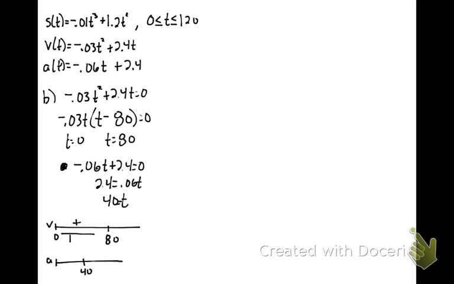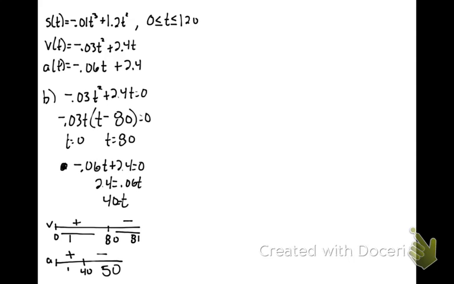And if we test a number like 81 for everything after 80, we're going to find that the velocity is negative after 80. If we do the same for acceleration, what we're going to find is that the acceleration is positive between 0 and 40, testing the number 1, and it is negative after 40, testing the number 50.